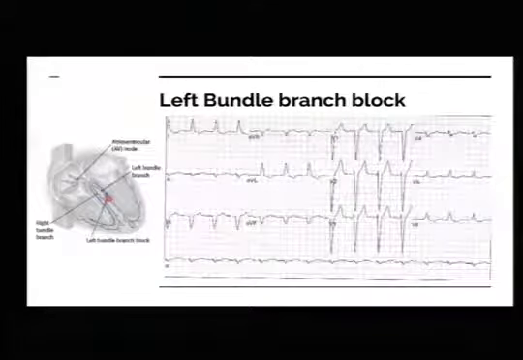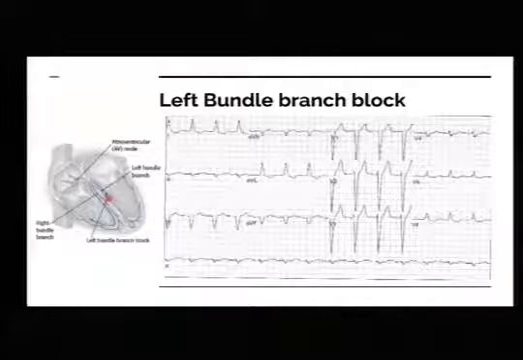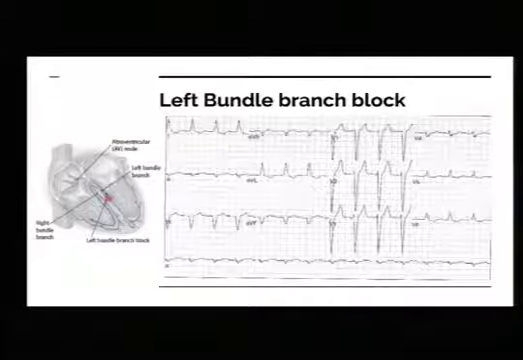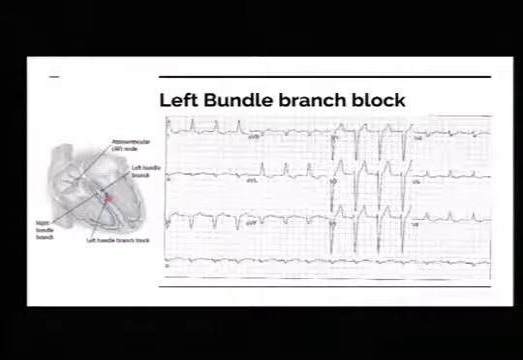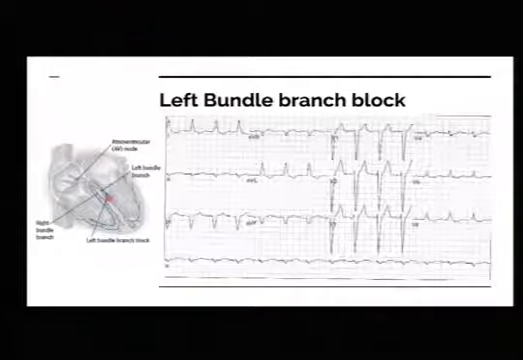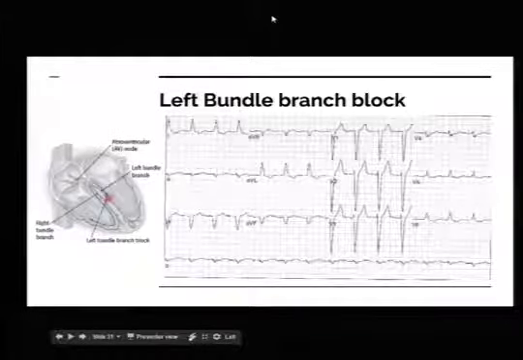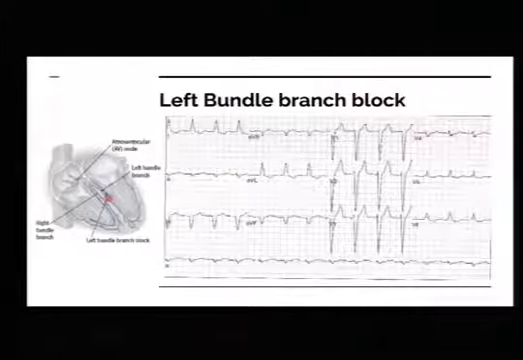In your left bundle branch block, you go down here, depolarize your right, but your left is so much bigger, it stops here, and now it has to travel across myocytes all the way through and depolarize this entire left ventricle. So if you have a high left bundle, it takes out that entire thing. That's why your QRS gets longer, much wider, taking so much longer to get through.